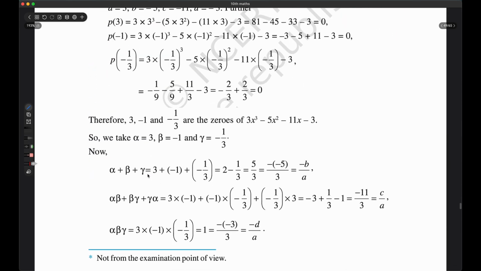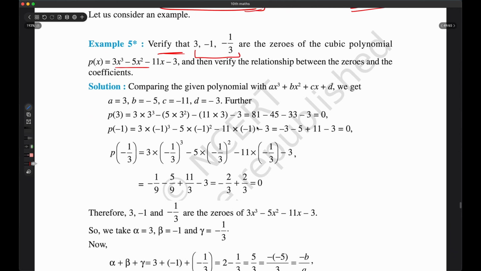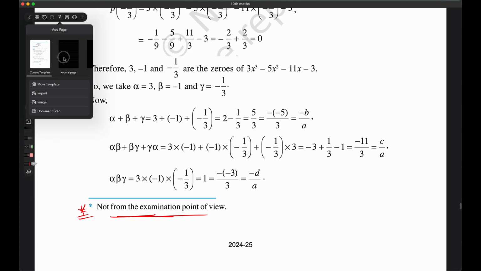Now let us solve example 5. Verify that 3, minus 1 and minus 1 by 3 are the zeros of the cubic polynomial p of x equals 3x cube minus 5x square minus 11x minus 3, and verify the relationship between zeros and coefficients. There is a note that this is not from the examination point of view, so this cannot be asked in exam.